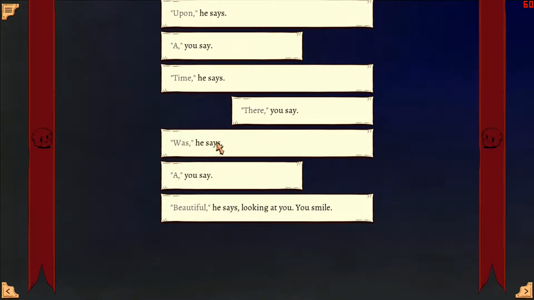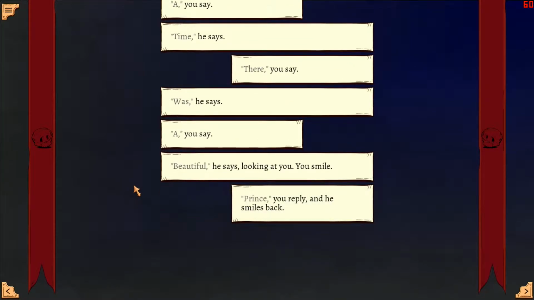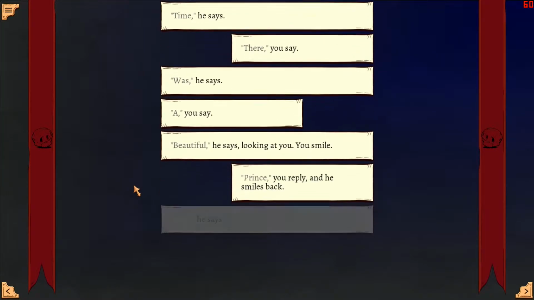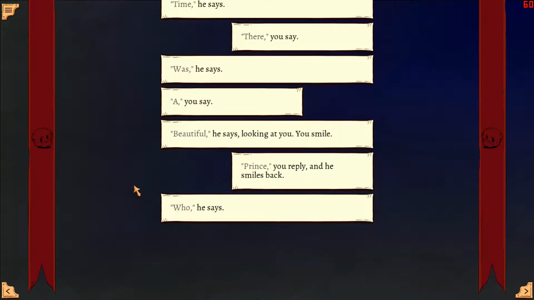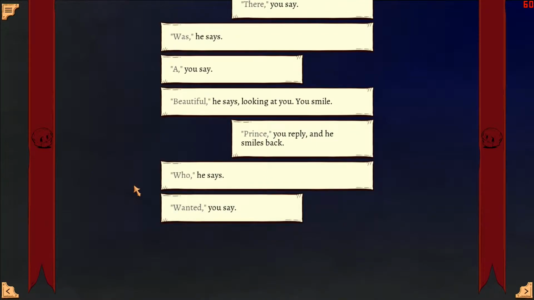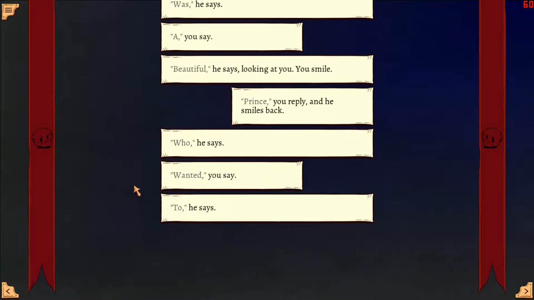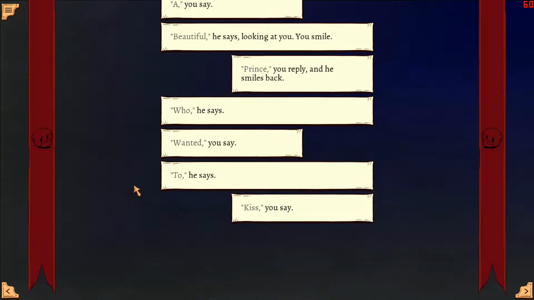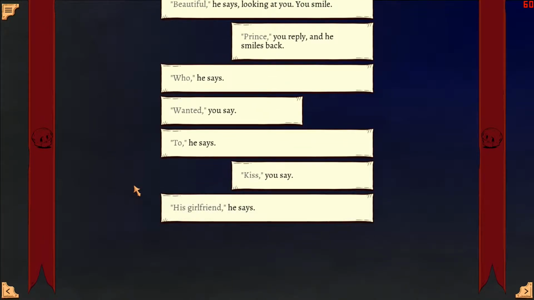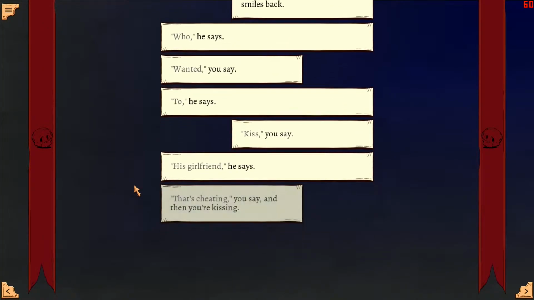"Prince," you reply, and he smiles back. "Who," he says. "Wanted," you say. "To," he says. "Kiss," you say. "His girlfriend," he says. "That's cheating," you say. And then you're kissing. Make out for a while.